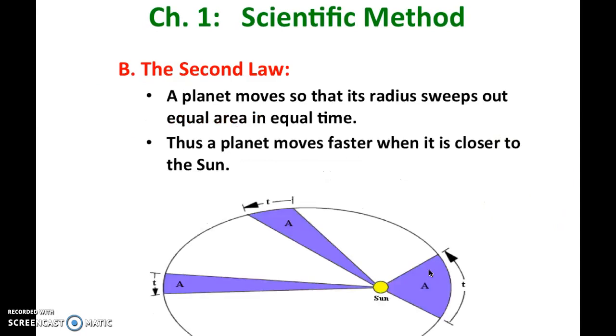The second law, Kepler's second law, states that a planet moves so that its radius connecting the Sun and the planet sweeps equal area in equal time.